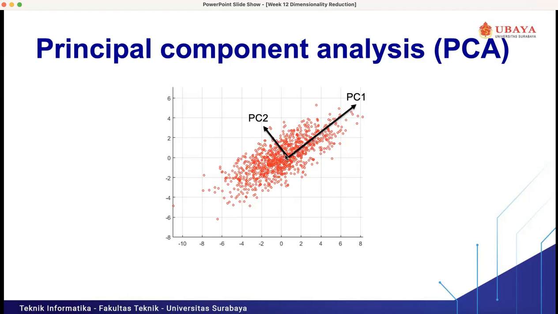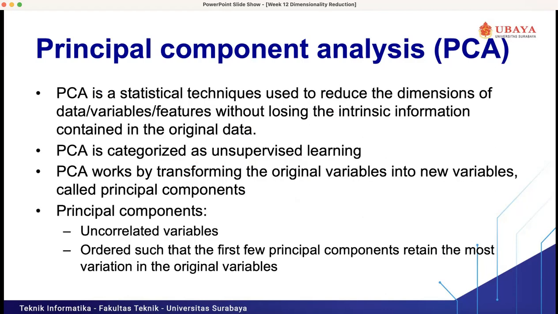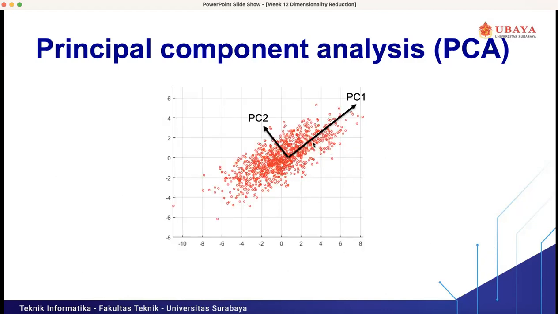PC1 and PC2 represent the variation of this dataset. But we have two principal components here. Like I mentioned before, we will choose one principal component that represents the variation of our dataset.